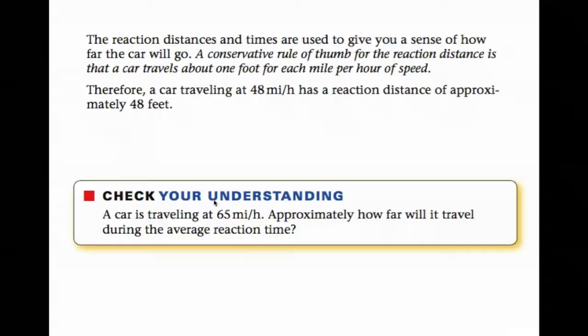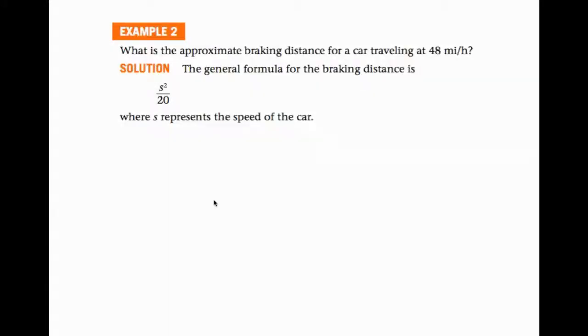It's closer to 60. But you want something quick. Nobody's going to sit down with a pen and paper in a car and figure these things out when they're driving. But if you can have students remember, if you're going 50, it'll take about 50 feet to stop the car. So here's a check your understanding. You're traveling 65 miles an hour. It's going to take about 65 feet for the reaction time.